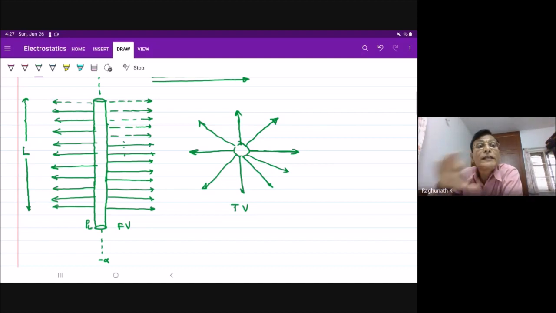These are the flux lines created. You're concentrating. To determine the electric field intensity at this point, I should determine the flux density at that point divided by epsilon.